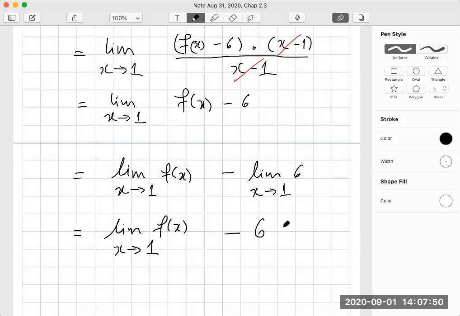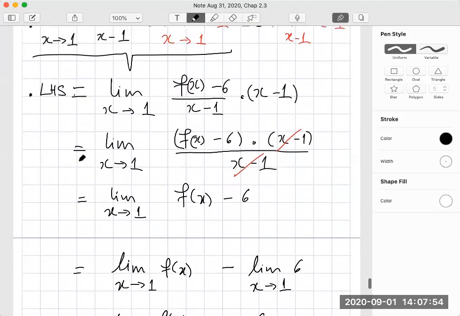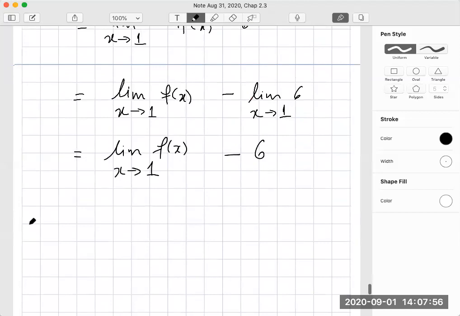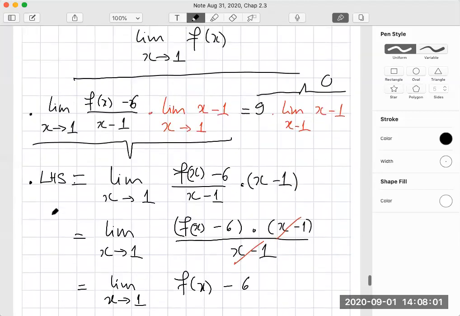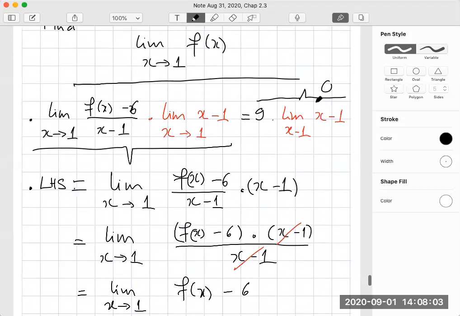Okay, after a long computation, we know that the left-hand side is this and the right-hand side is simply 0 right here.